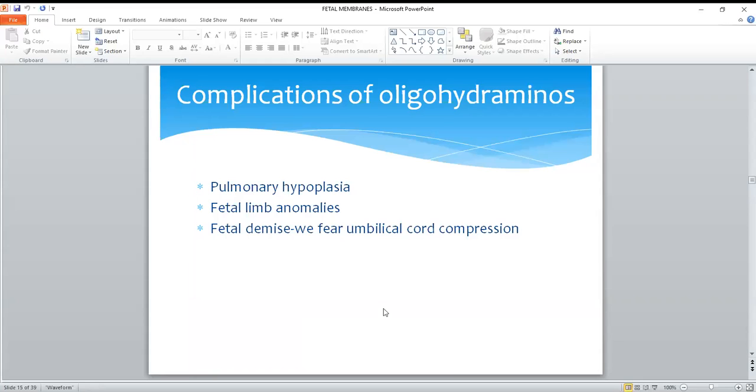So we have pulmonary hypoplasia, fetal limb anomalies, and then with oligohydramnios we fear umbilical cord compression. When the umbilical cord is compressed in any way, it can result in fetal death. This is actually the most important: fetal demise as a result of umbilical cord compression. So it's good to take note of these three.